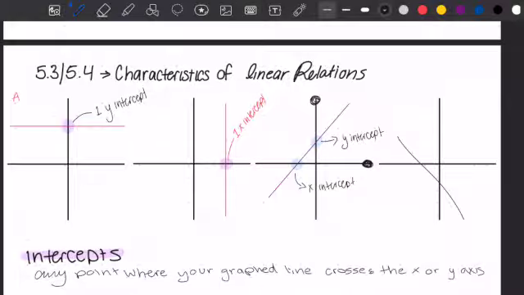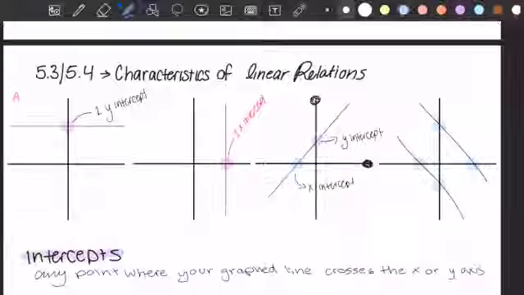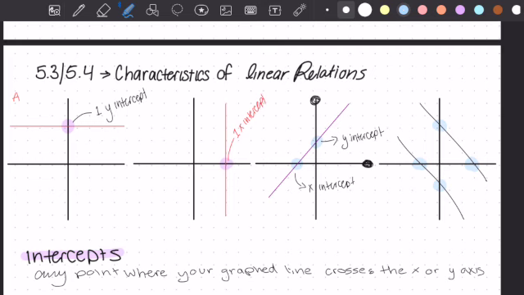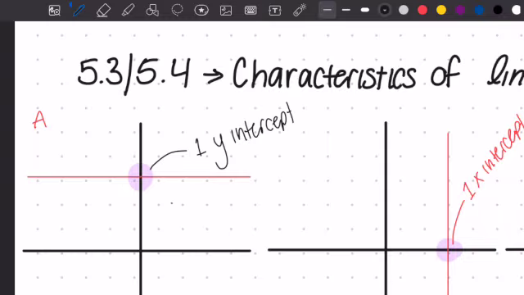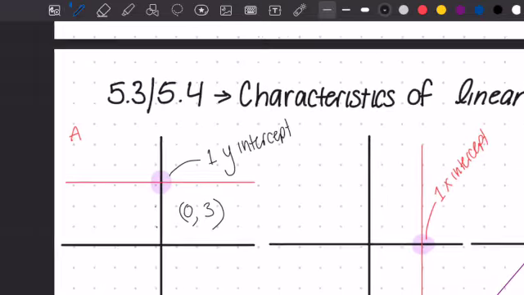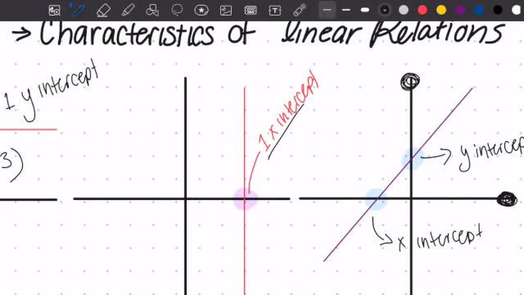Now this could also look like this or like this. Any of these variations would have both an X and a Y-intercept. Those are intercepts. Now you can find a point on the graph that would be an intercept. For example, this Y-intercept right here would be a 0 X coordinate and a 1, 2, 3-ish Y coordinate.